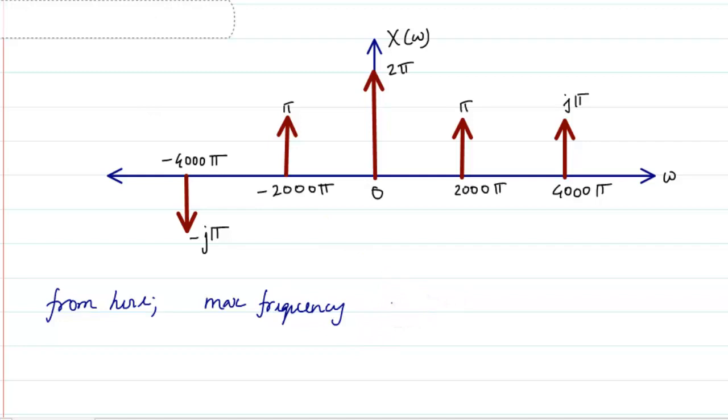So the maximum frequency omega m is going to be how much? You can see the maximum frequency is 4000 pi, correct? If it is 4000 pi, therefore fm will be equal to 4000 pi divided by 2 pi, which comes out to be 2000 hertz.